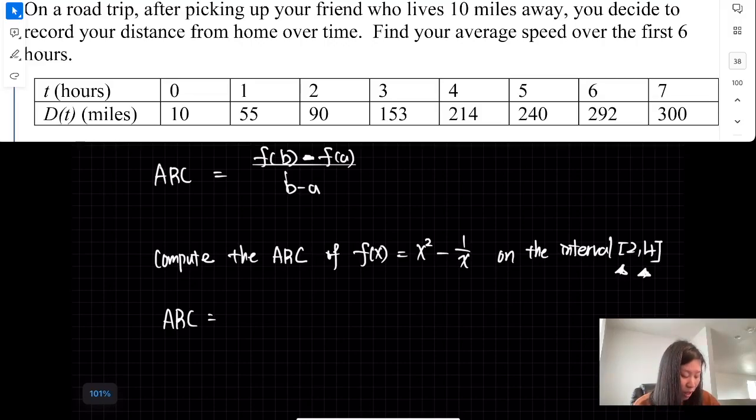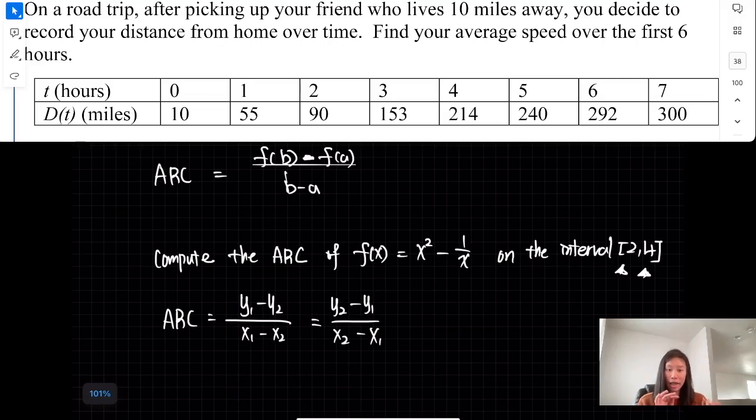I want to say something here. First of all, y1 minus y2 over x1 minus x2 equals y2 minus y1 over x2 minus x1. These two are equal. You can put whichever one you want in front, as long as they are consistent. If you decide y1 is in the front, x1 has to be in the front. If y2 is in the front, x2 has to be in the front.